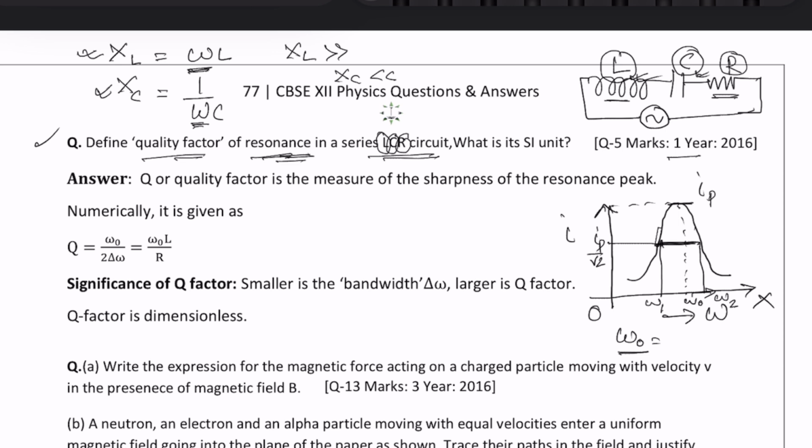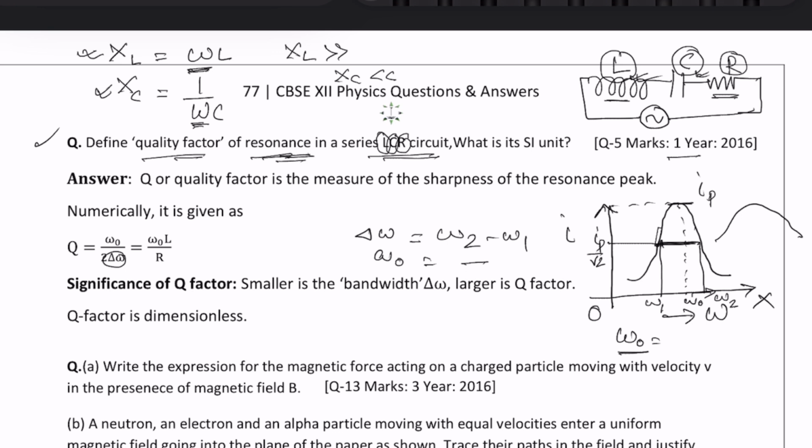The higher the width, the flatter the curve will be, and the sharpness will be less, correct? So this width, omega 2 minus omega 1, is denoted by delta omega, correct? And omega 0 is the resonant frequency at which the current is maximum.